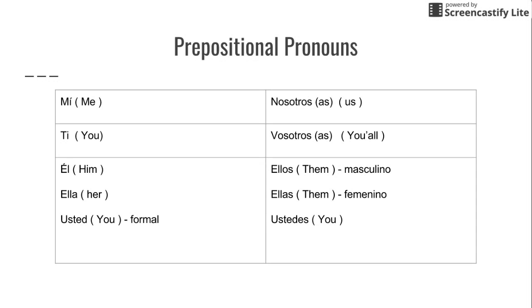Here are the prepositional pronouns. Mí, which is me, ti, which is you, él, ella, usted, nosotros, and again nosotras for feminine, vosotros, and again vosotras for feminine, ellos, which is them, masculino, ellas, which is them, femenino, y ustedes, which is you, but in a plural form.